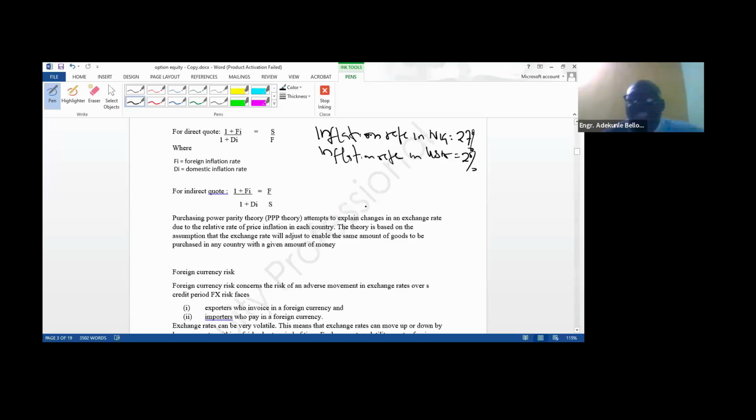Naira will depreciate in value. That inflation rate will affect Naira value negatively.